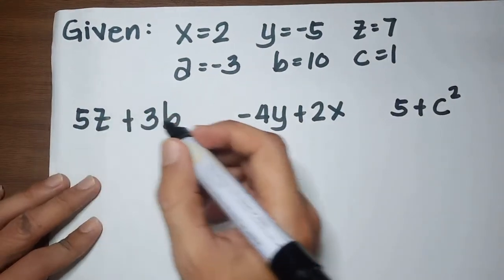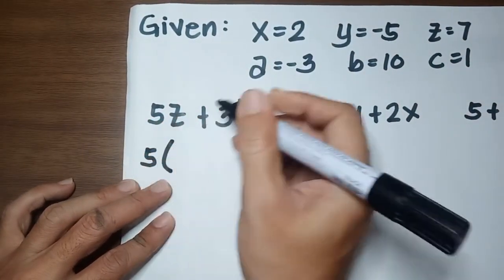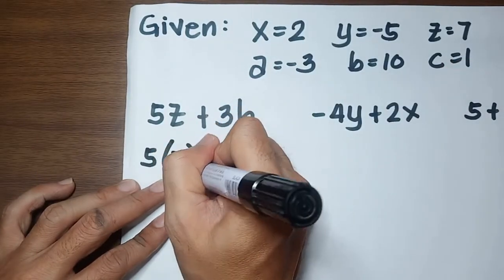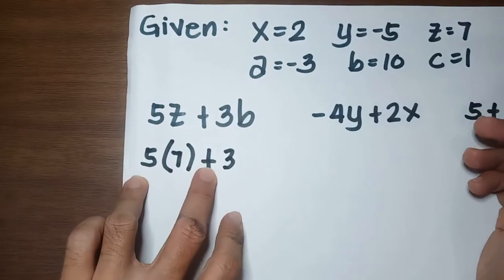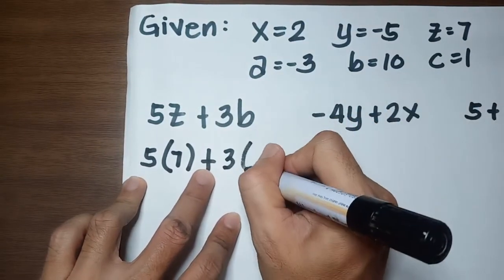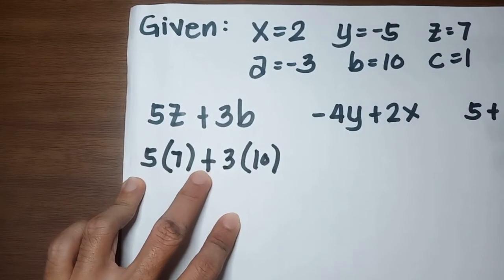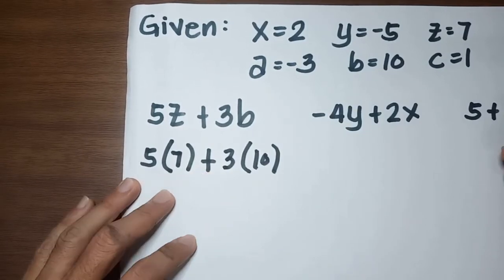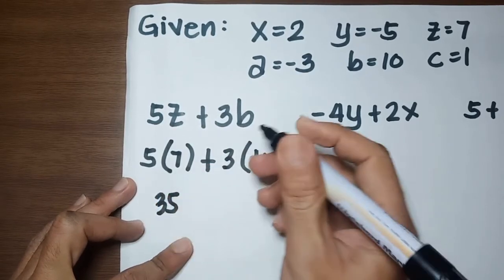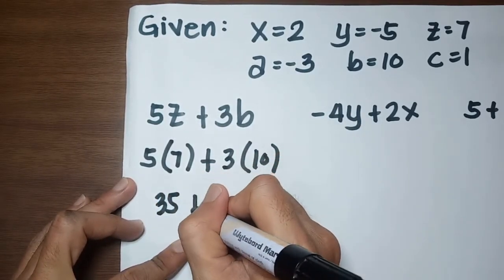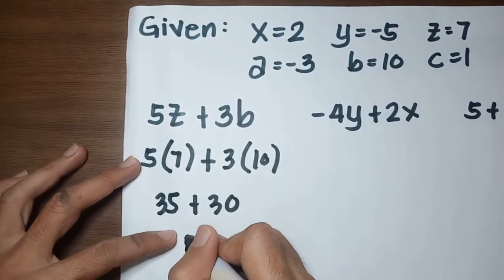So we copy 5 times the z is 7, plus we copy the 3 times the b is 10. Then we multiply. 5 times 7 is 35. Then 3 times 10 is 30. So our final answer would be 65.